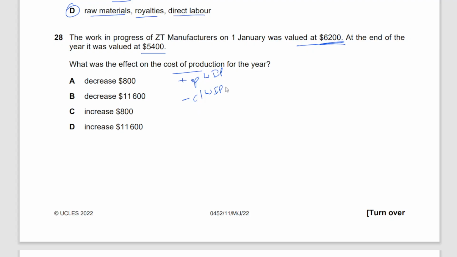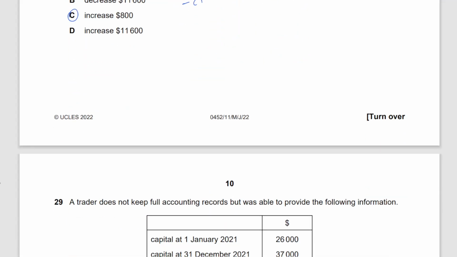So the overall effect was to add. Are you getting the point? Hope you understand. We added a total of 6,200 and subtracted 5,400. The net effect is 6,200 minus 5,400, that's 800 added in all, an overall increase of 800.